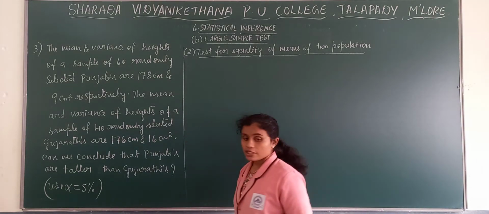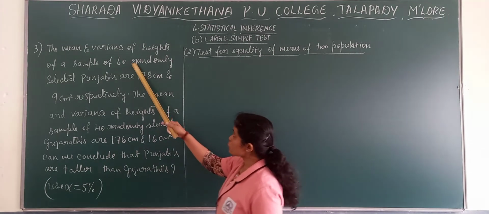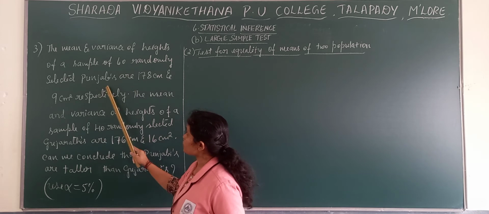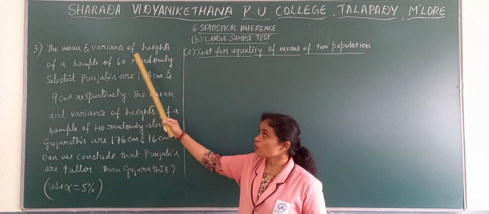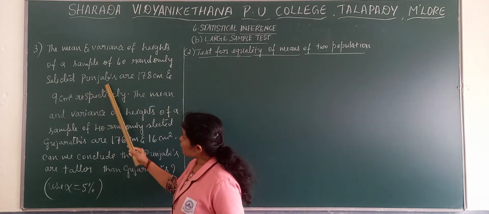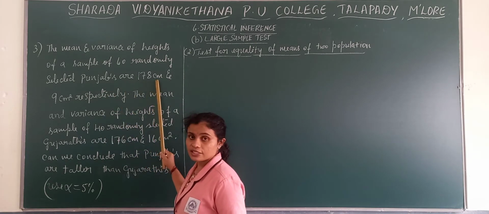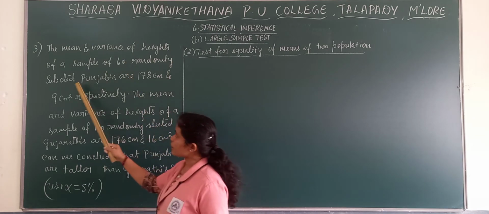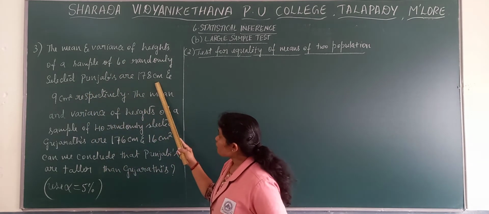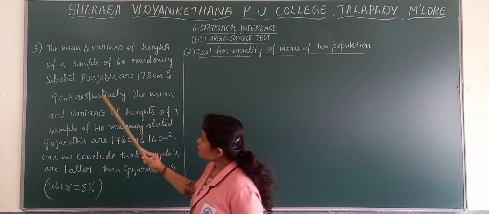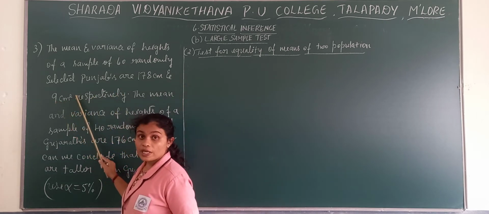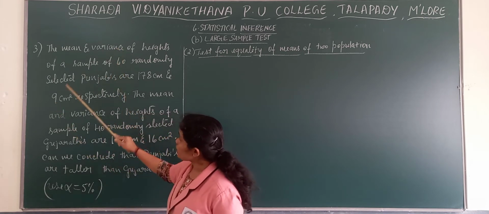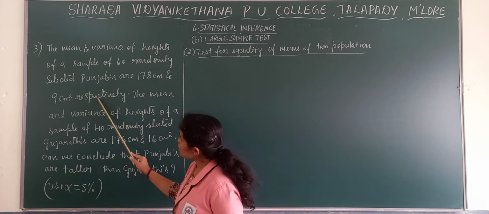The mean and variance of heights of a sample of 60 randomly selected Punjabis are 178 centimeters and 9 centimeter square. Since they have given the variance, they have mentioned the square respectively.